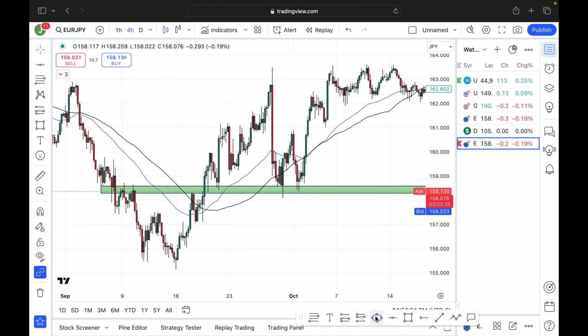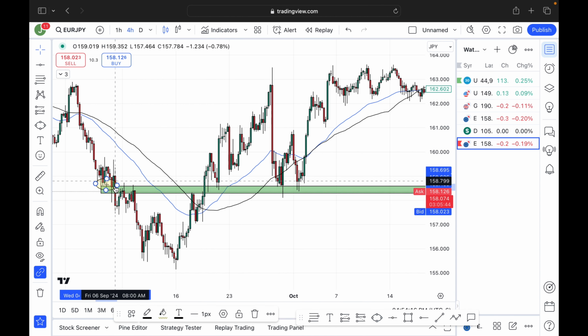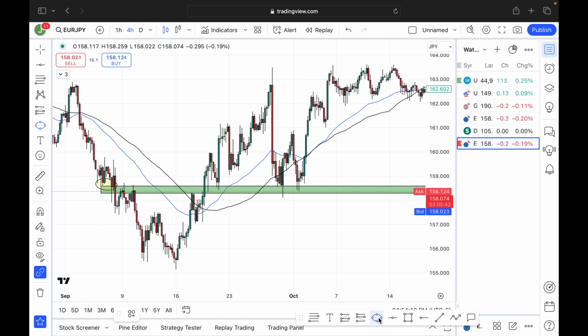So as you can see, this is a very strong support/resistance area. Once price got here, it rejected. It finally broke through. So that's one touch. You have two touches, right? You have three touches, four touches. This is a very strong level of support/resistance.